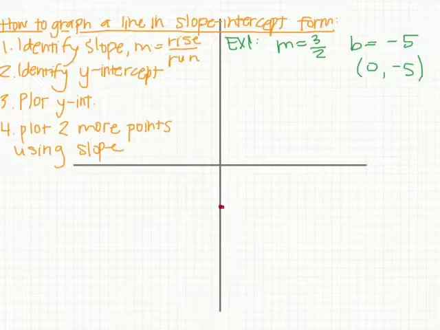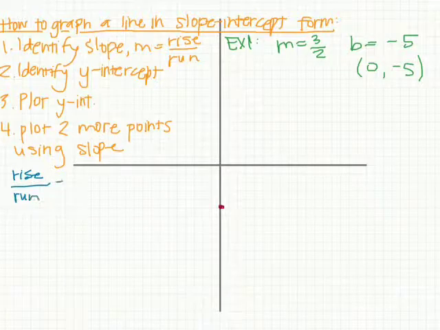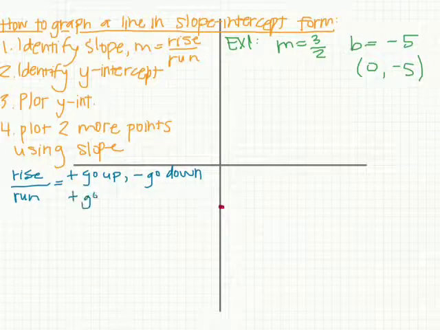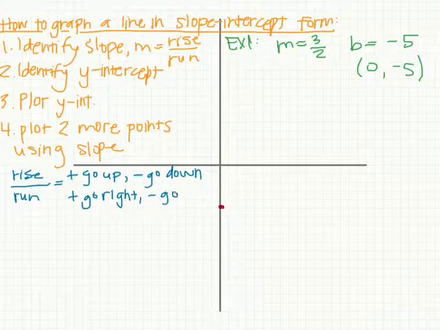If my rise is a positive number, that means I'm going to go up. If my rise is a negative number, that means I'm going to go down. If my run is a positive number, I would go right. And if my run is a negative number, I will go left.